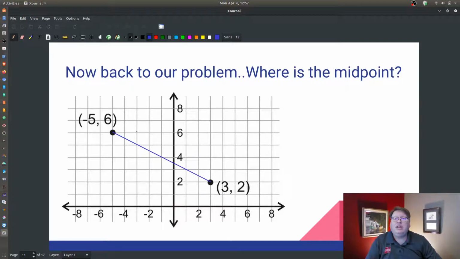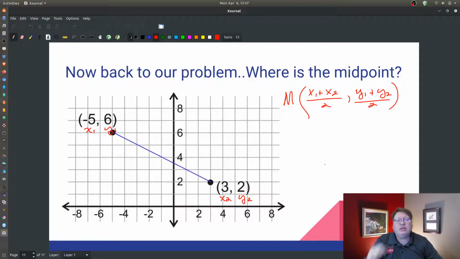So the first thing I would do is label each of these coordinates. We're going to label this x1, y1, and this one over here we're going to label x2, y2. And we know our midpoint is just x1 plus x2 divided by 2 and y1 plus y2 divided by 2.